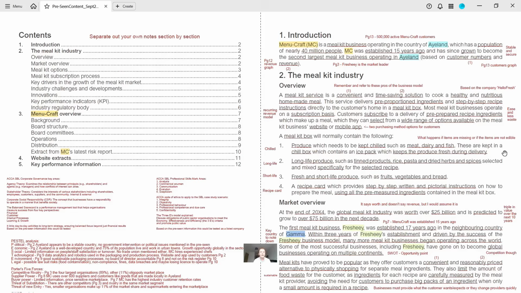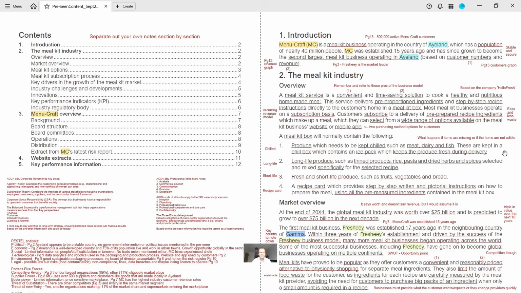But then you have short life goods, such as fruits and vegetables, in other words, perishable goods that will go off very quickly. And lastly, those recipe cards, step-by-step, written instructions, easy to use with those pre-measured ingredients to churn out, hopefully, a nice meal. Depends on who's cooking it, I guess.